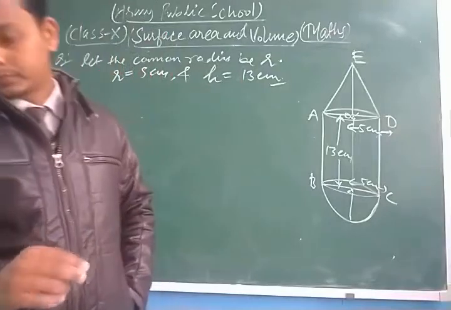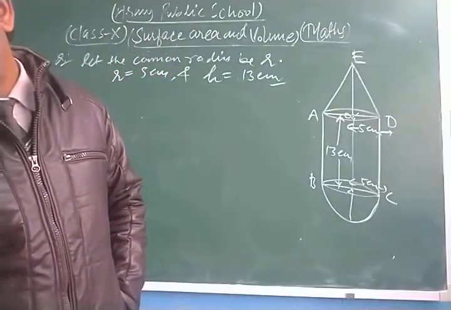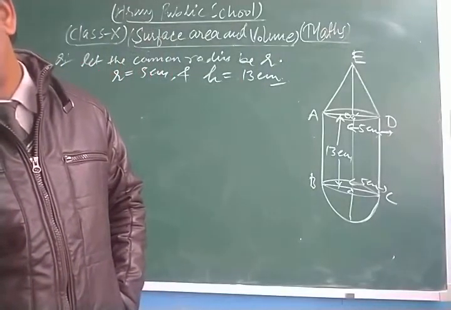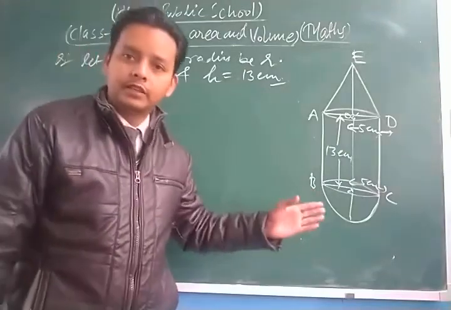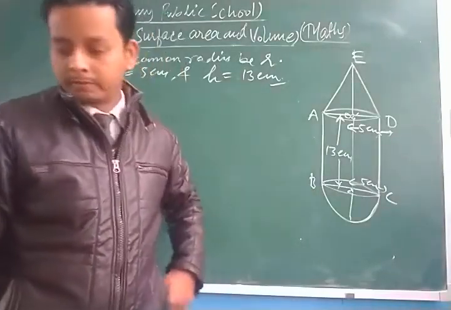The radii of the hemispherical and conical parts are the same as that of the cylindrical part. It is clear from the figure also.